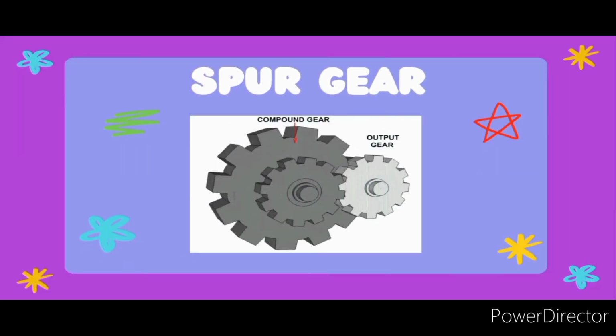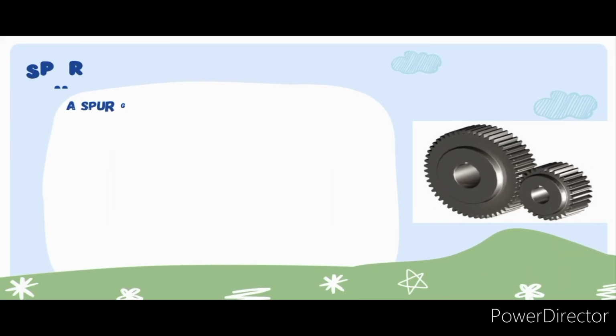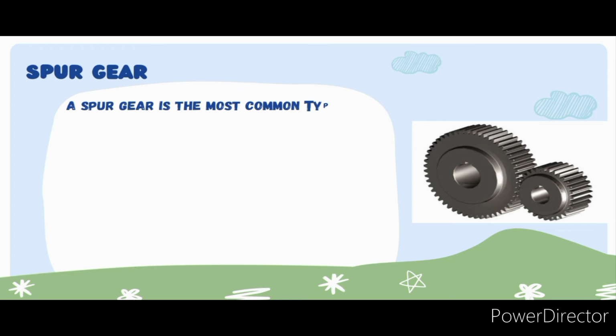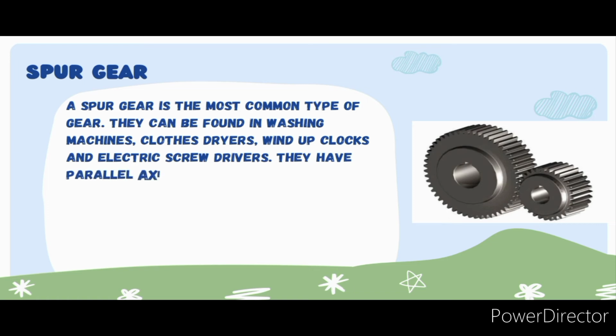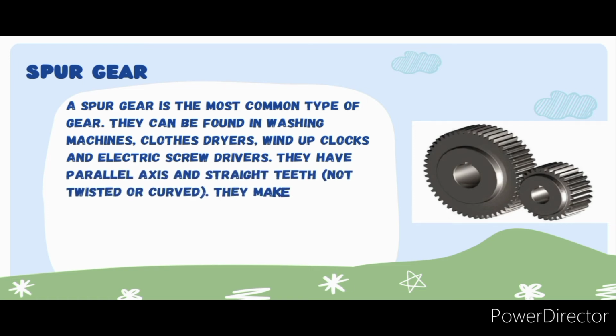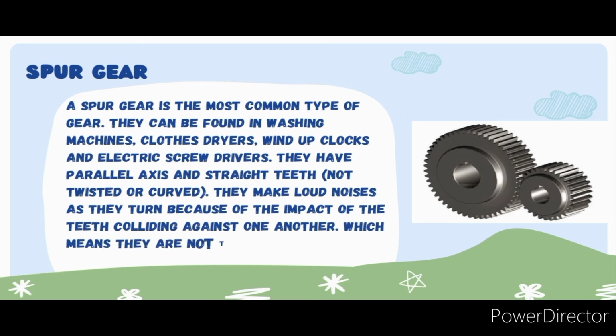One characteristic feature of a spur gear is that it has parallel axes. When you say parallel lines, they don't meet. A spur gear has parallel axes and straight teeth. These gears make loud noise as they turn, because the teeth collide against each other.